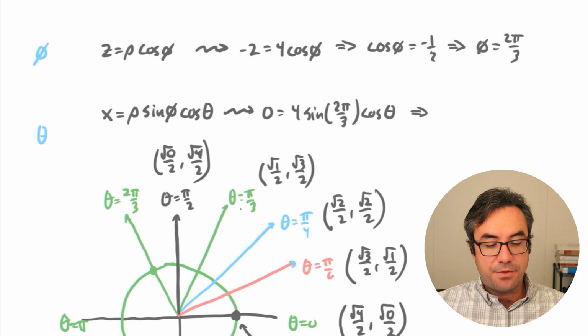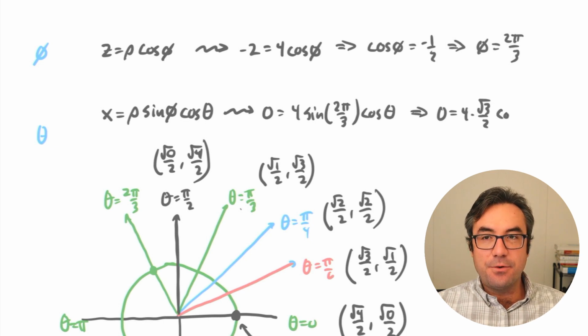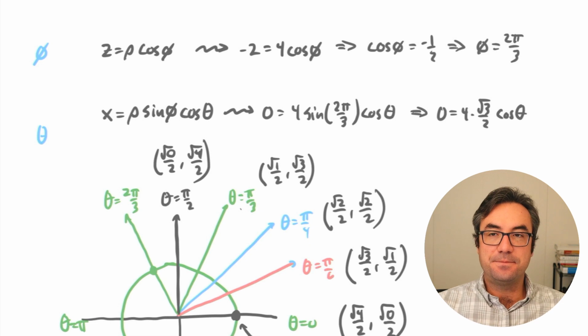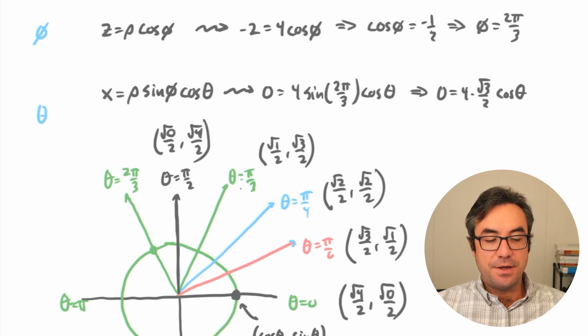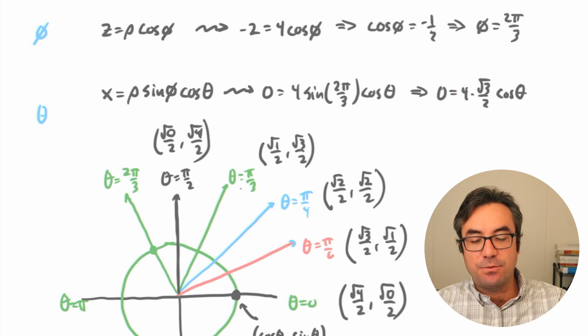So we end up with 0 is equal to 4 times square root 3 over 2, and then we don't know what cosine theta is. So if we simplify this, we could divide by all of this, and we get cosine theta equal to 0.